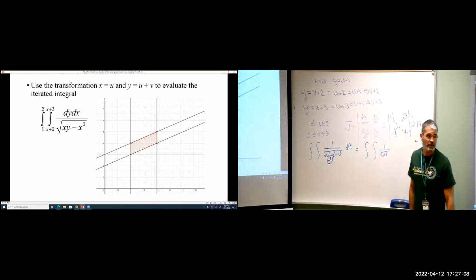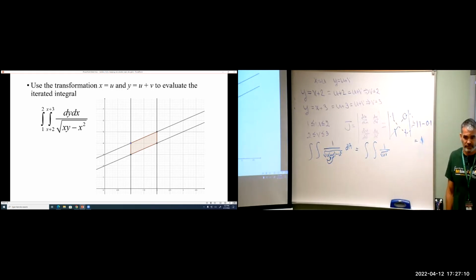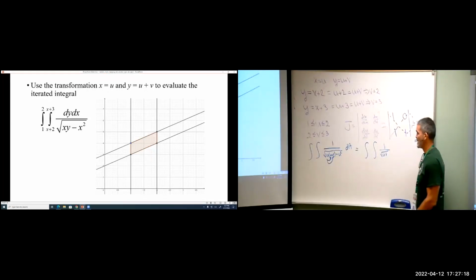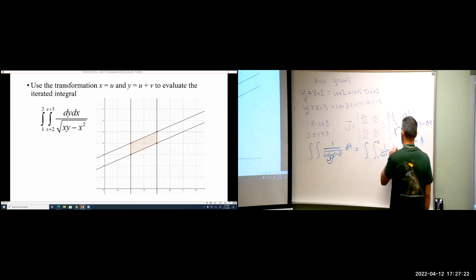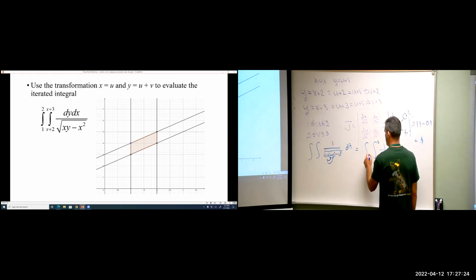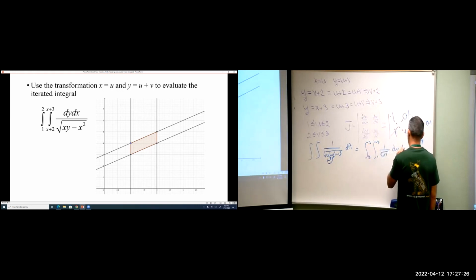The order is not going to matter on this one because we can do u first or v first. Basically, we've got 1 over square root of u times 1 over square root of v. So let's just say 1 to 2, du, and 2 to 3, dv. And again, remember, this is a product.